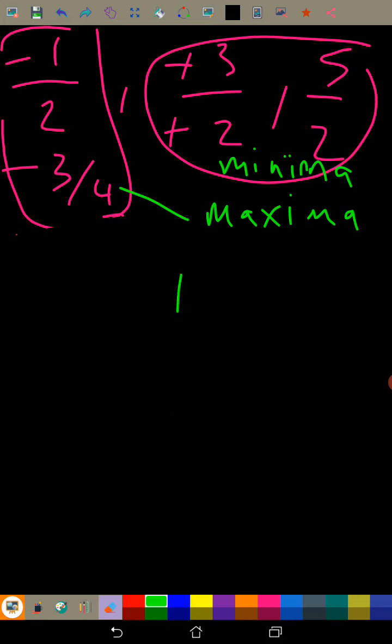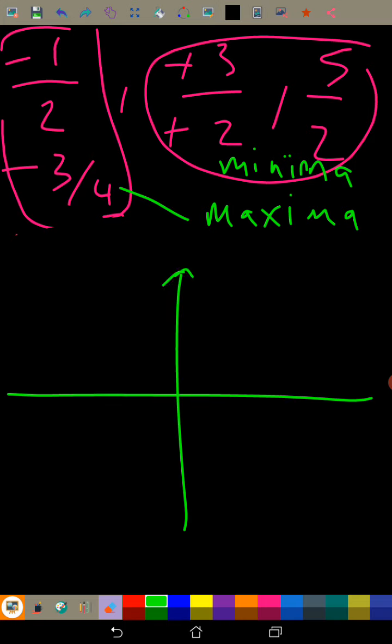If we have to draw something, this is y, this is x, we have points like minus half and 3 divided by 2, right? So the equation itself, we don't really know. We know that something happened here.